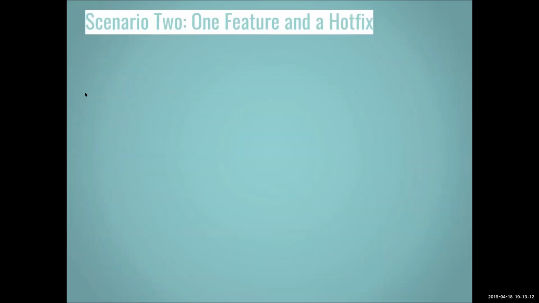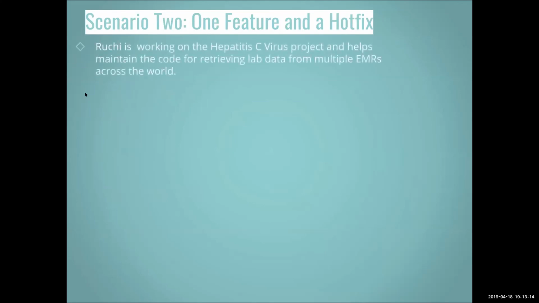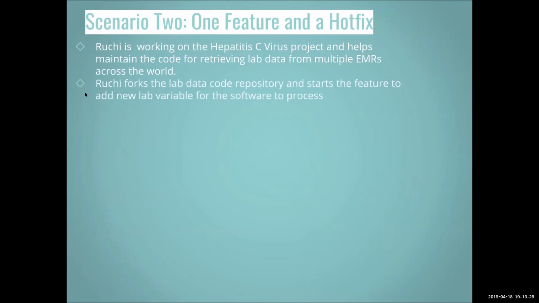Scenario 2 is where we have one feature and a hotfix. Ruchi is working on the hepatitis C virus project and helps maintain the code for retrieving lab data from multiple electronic medical records across the world. Ruchi forks the lab data code repository and starts a feature to add a new lab variable for the software process. Ruchi finishes her feature and creates a pull request to start a code review.